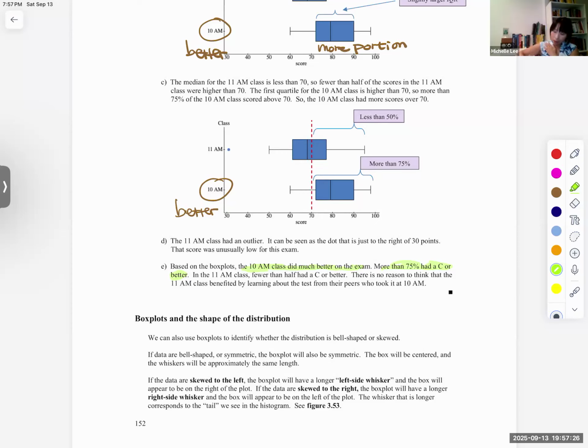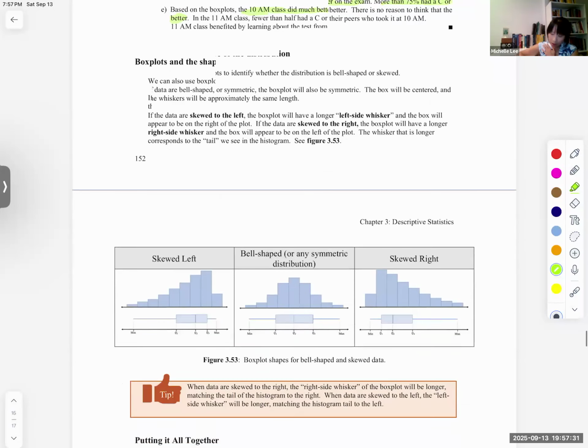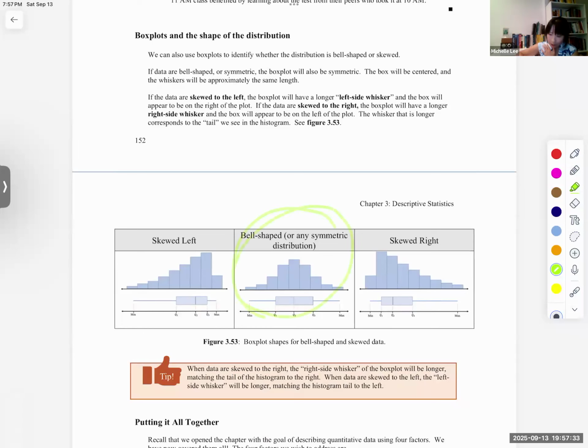Okay, then let's take a look. Bell shape first. If we have a bell shape, the box is equal on the left side and right side, and looking at the whiskers, the same length.